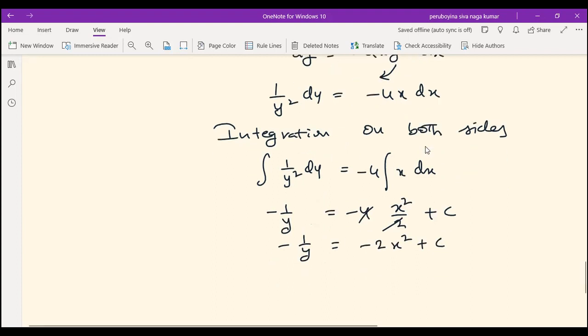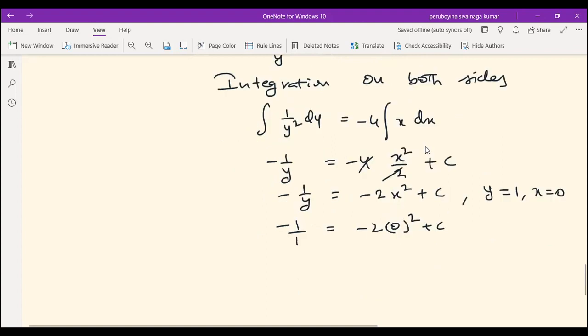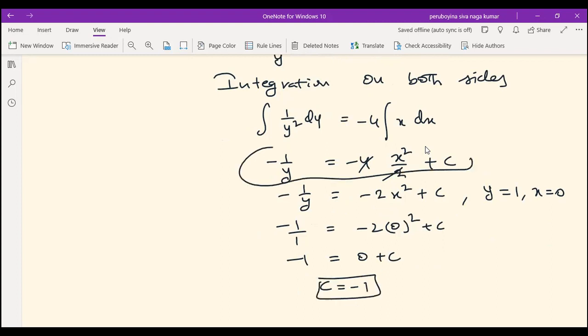And we have the conditions. What are the conditions we have? Y value will be 1, x value will be 0. Now replace it here: minus 1 by 1 is equal to minus 2 into 0 square plus c. So minus 1 is equal to 0 plus c. Therefore, c is equal to minus 1. So we will replace the c value in this equation.